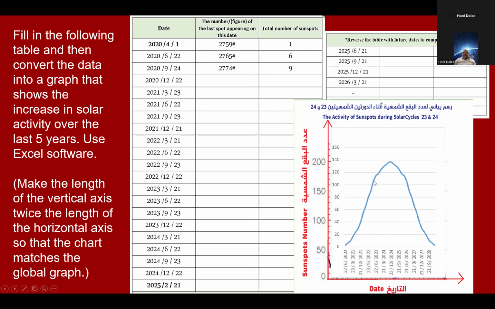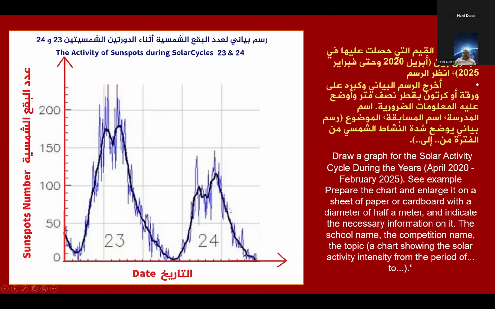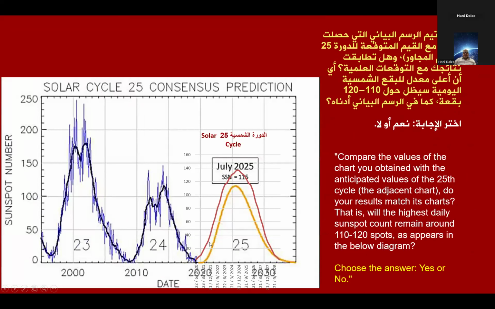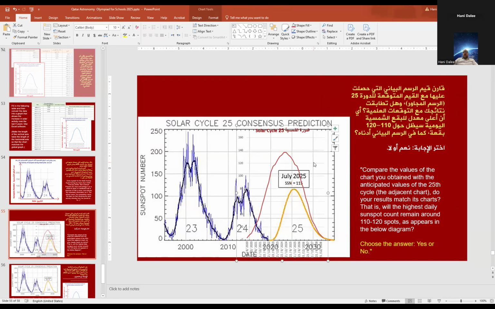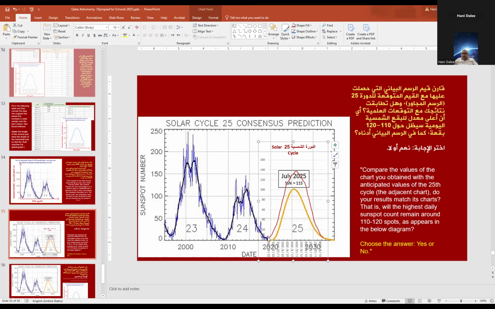You will take this and compare it to the expected values of Cycle 24. Scientists are expecting this yellow, and our results, when we draw it on Excel, I got this shape. Now I hold it from the corner, and I'll match it from right and left, I mean the x-axis and y-axis, to compare.